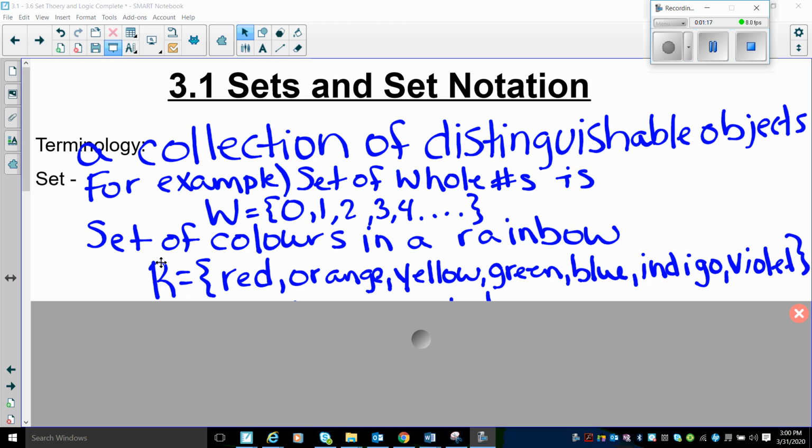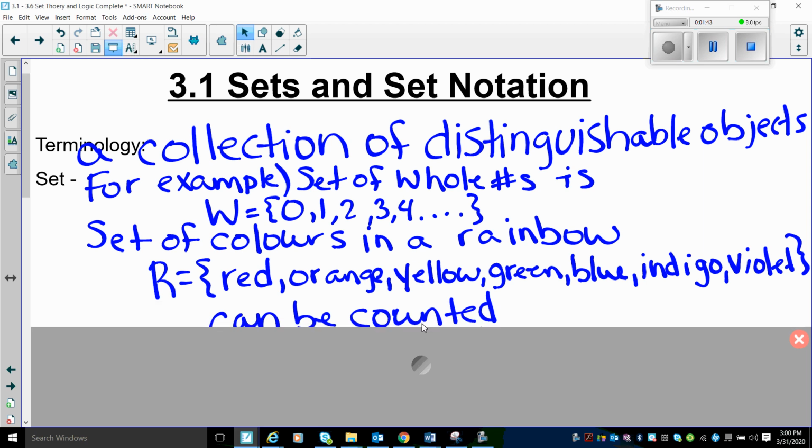So for the set of colors in a rainbow, R equals, I open the curly bracket, I list all the colors of the rainbow, and then I close the bracket. So here's an example of objects that are colors, and here's an example where you'd have numbers. The key is that you can tell them apart inside, and that you use a capital letter and the curly brackets to indicate that you have a set.